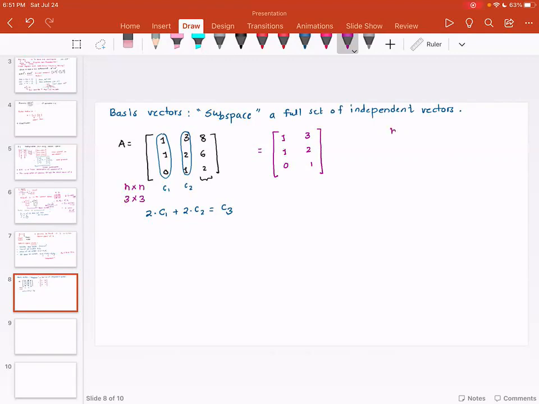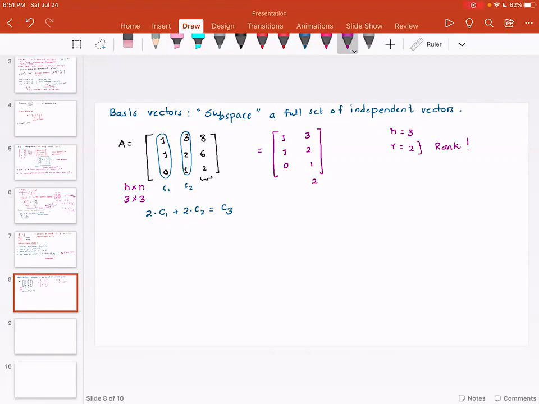So n, the dimension of this matrix, is 3, but the number of basis vectors is 2. And this is nothing but what is also called the rank.